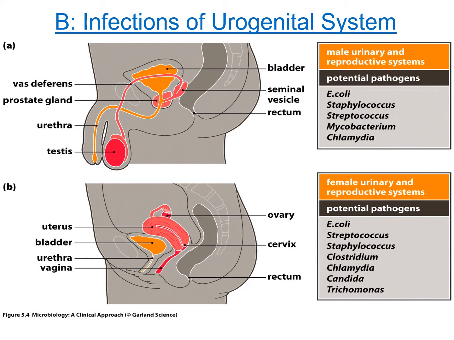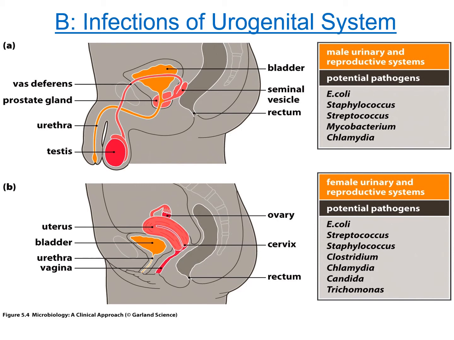When we're talking about the inner components, the epithelium that lines those organs and those tubes is continuous with the skin surface. So once again, we can have bacteria and yeast and other fungi living on the skin surface, traveling up into those areas. But there are a few players that cause problems within the urogenital system that aren't found on the skin.